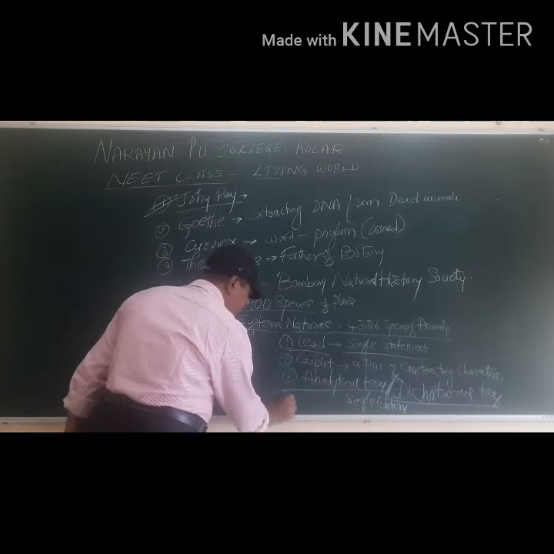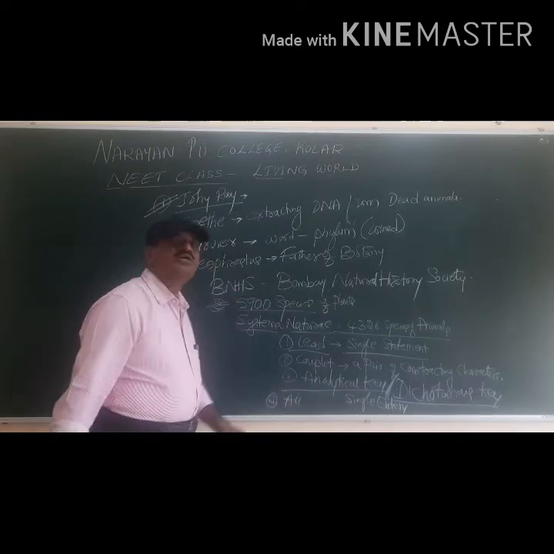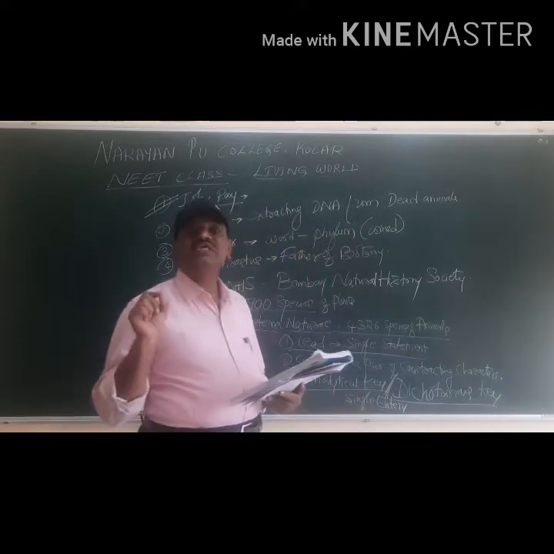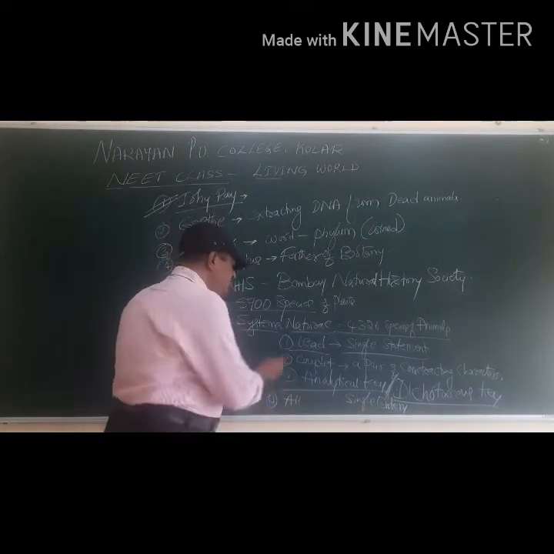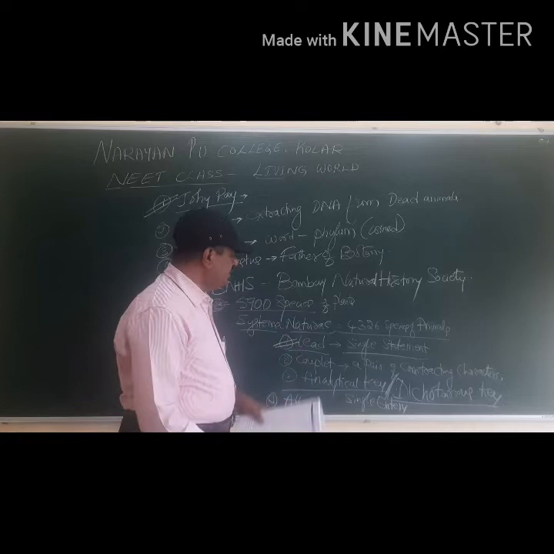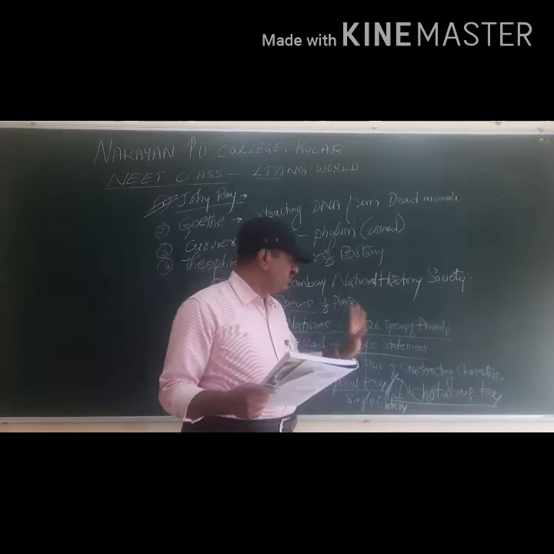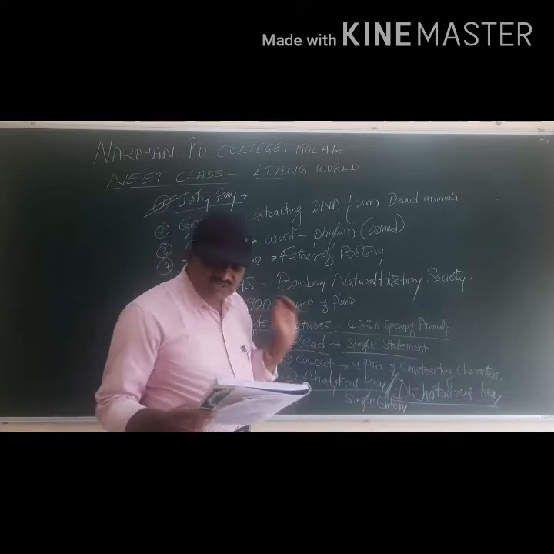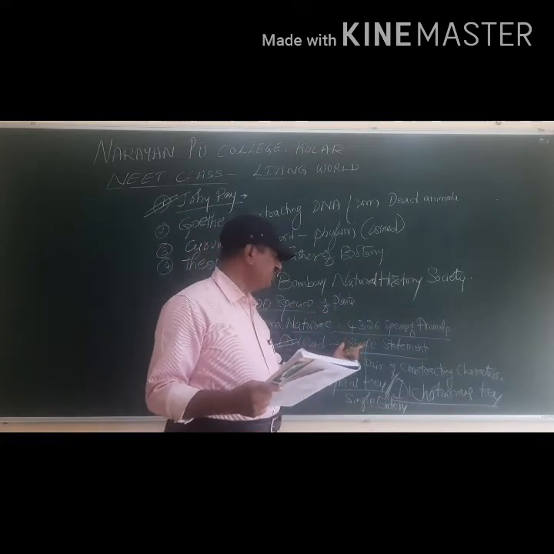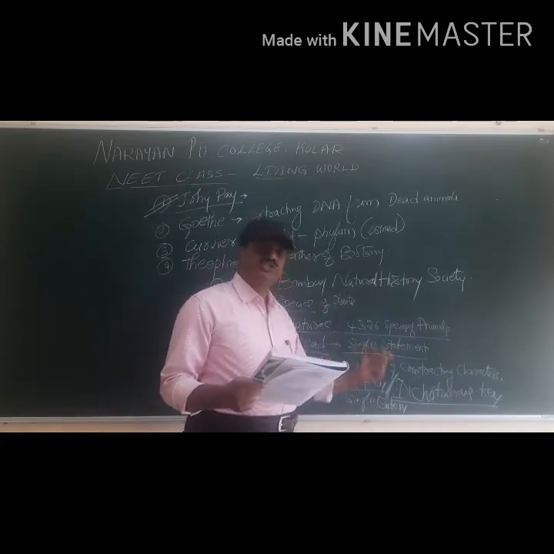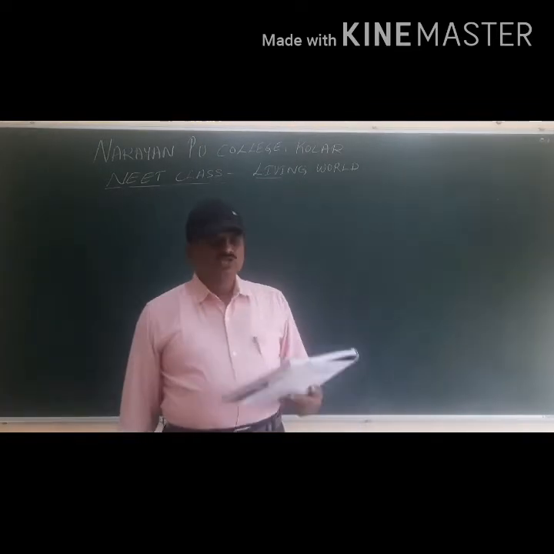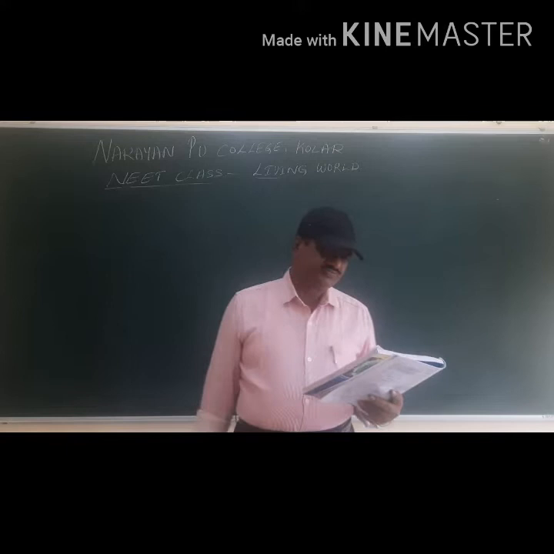And the fourth option is all. But here the question asks about each statement in a key, and it is a lead. In a lead there is a single statement present, a single entry. So the first option is right. We'll go for the next question.